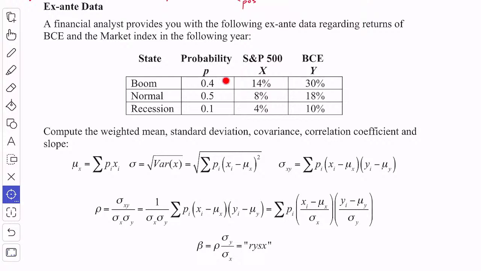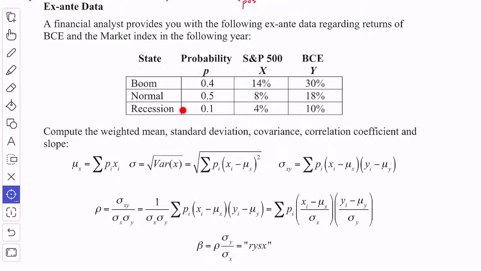And those are their chances. The normal state is more likely than a boom or a recession. And then these are the outcomes in pairs for the market variable and for the stock variable. These are their returns.